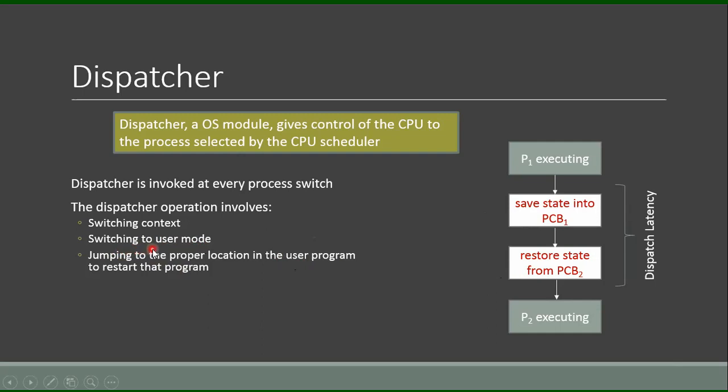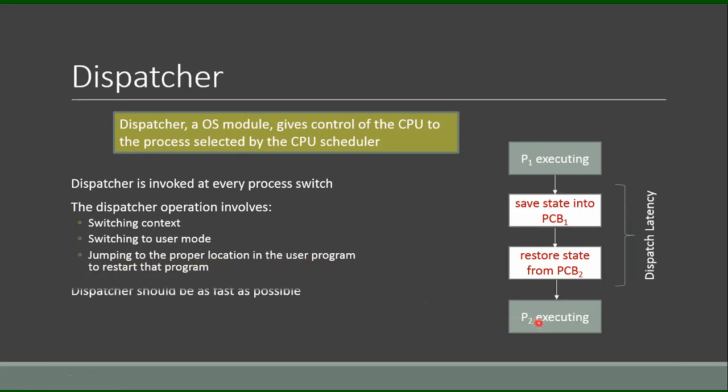So the dispatcher will return to the user mode. After this, it will jump to the proper location in the user program to restart that program. So after switching from kernel mode to user mode, it will load the program counter register with the starting address of the instruction from where this process P2 will start execution.